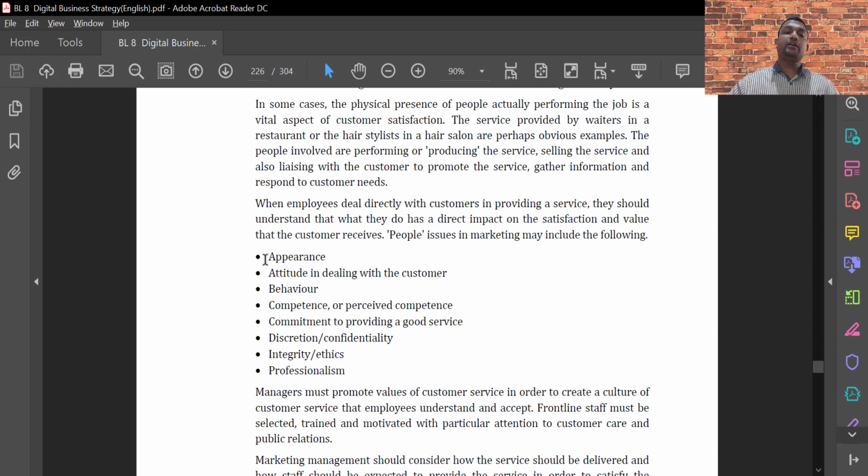For example, how the staff members appear, their attitude on dealing with the customer, how they behave, whether they are knowledgeable, whether they are professionally suitable, whether they have the commitment to deliver that service, and whether they have the integrity and ethical approach.